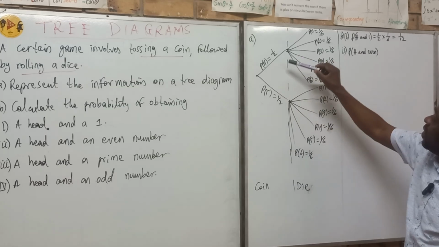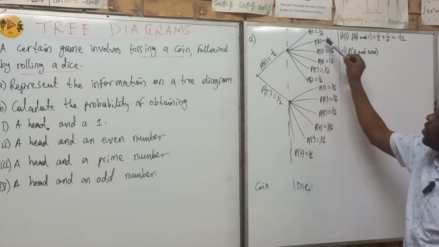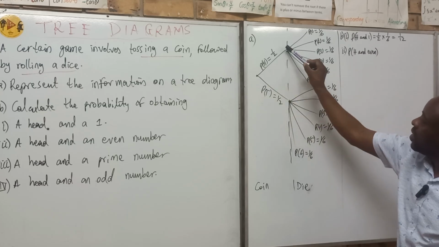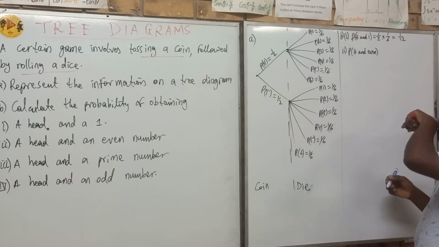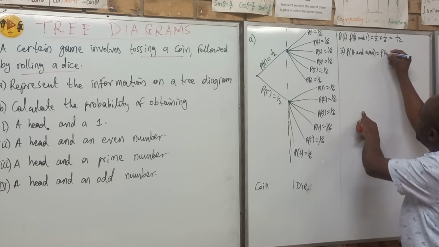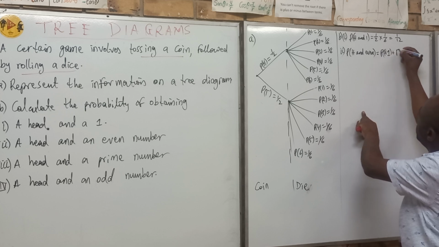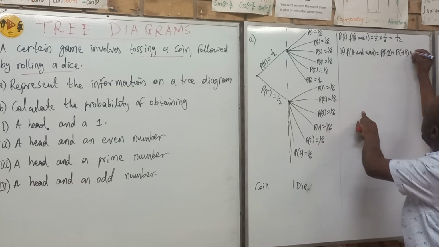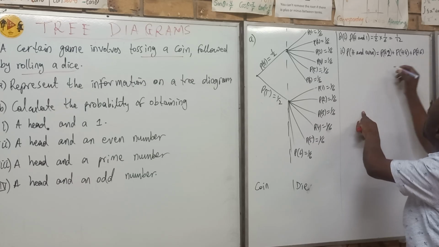So a head and an even number means you get a head and 2, or a head and 4, or a head and 6. So to get a head and an even number, we get the probability of a head and 2, or a head and 4, or a head and a 6. So those are the options.